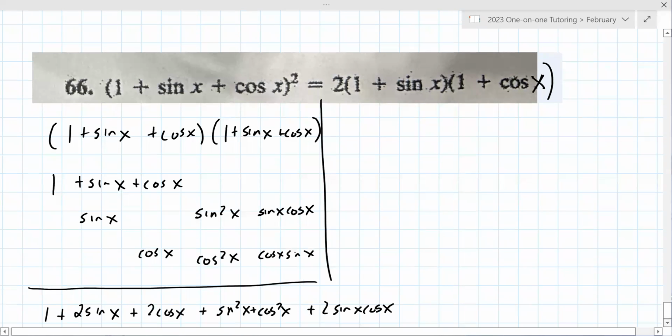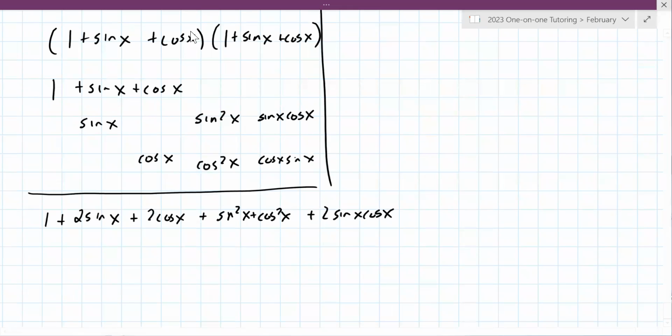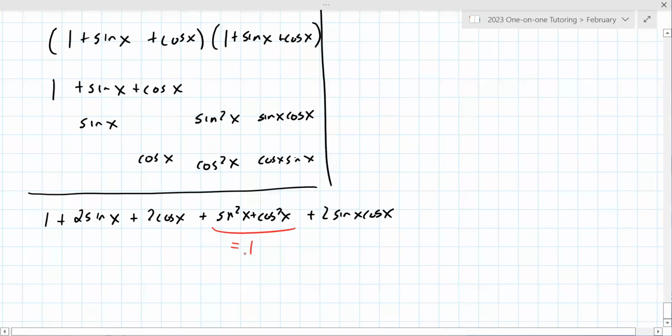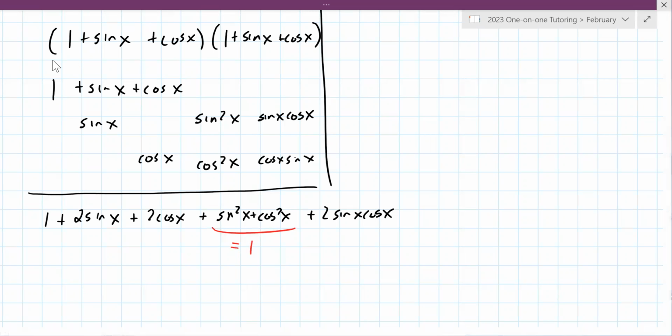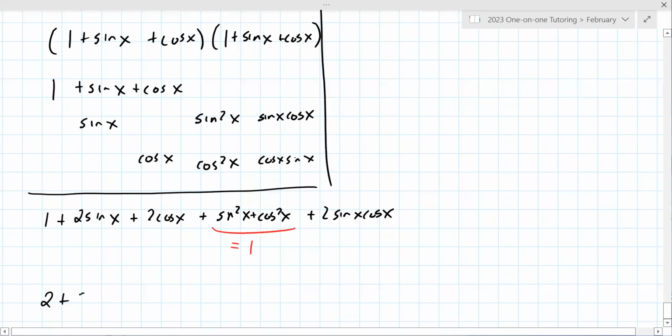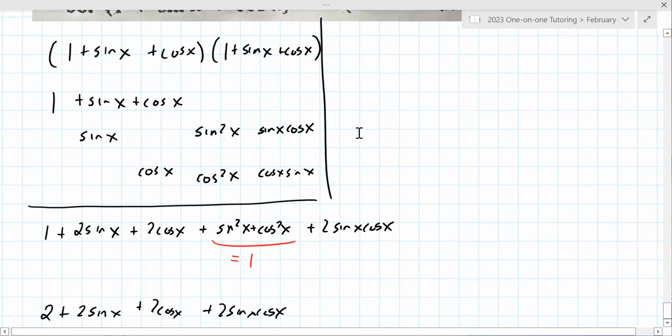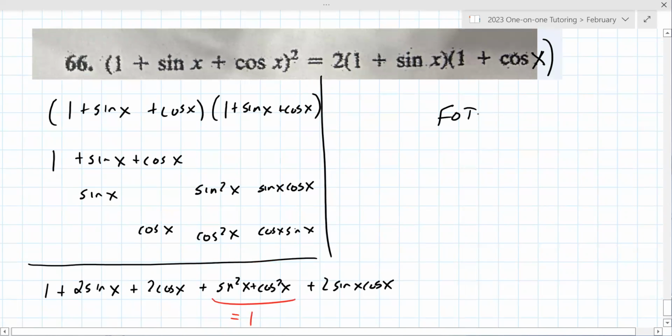And this middle one becomes 1. So you end up getting 2 plus 2 sine x plus 2 cosine x plus 2 sine x cosine x. And if you FOIL over here on the right and then multiply by 2, you will get this one on the bottom.